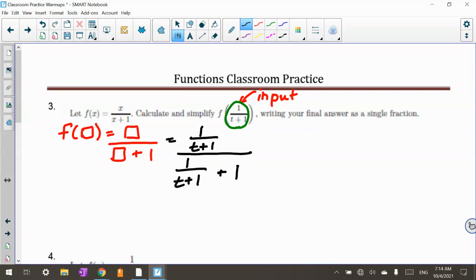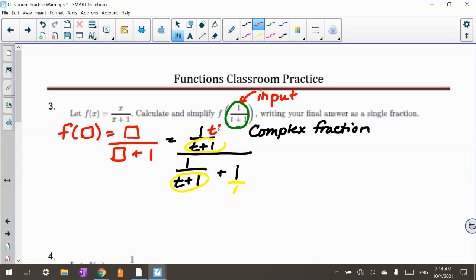It's ugly, but this is called a complex fraction. And when we do complex fractions, just to get you back in the swing of things, you're going to multiply everything by the common denominator of t plus 1. All right, even though this is over 1, you're going to multiply them all by t plus 1.